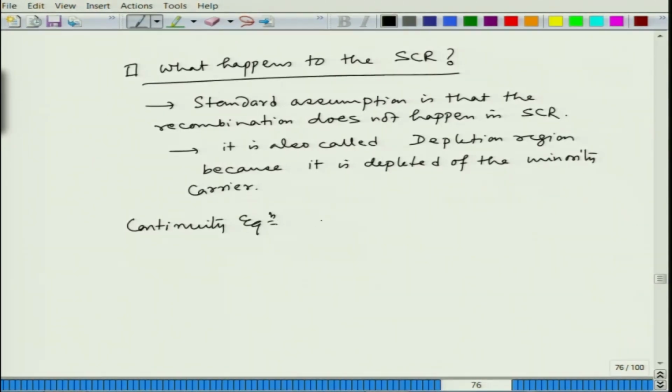this delta n, again we are writing it for the electrons, and similarly you can write it for the holes. This is the form of the continuity equation we have used earlier also.